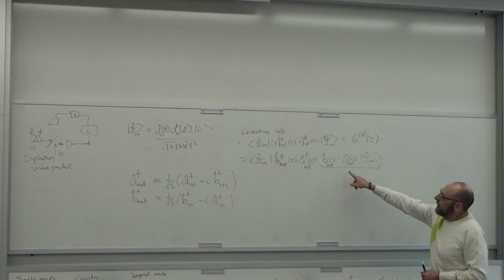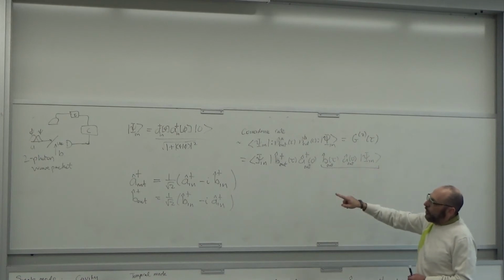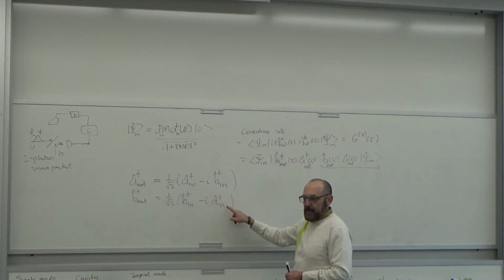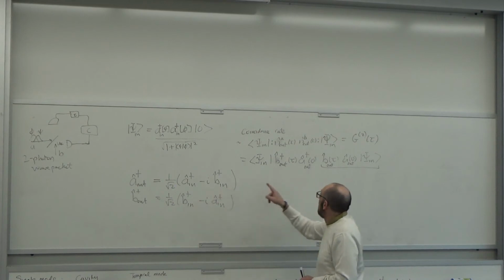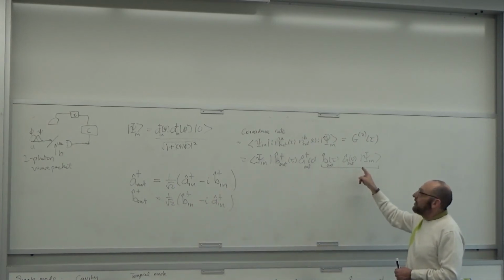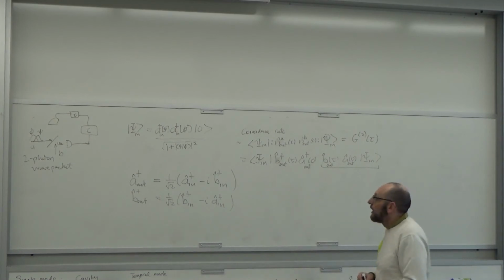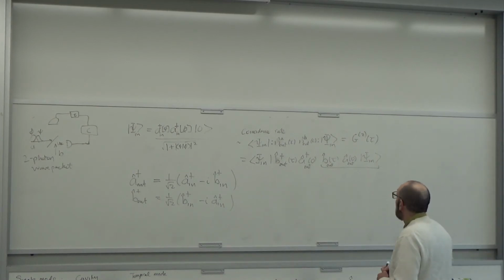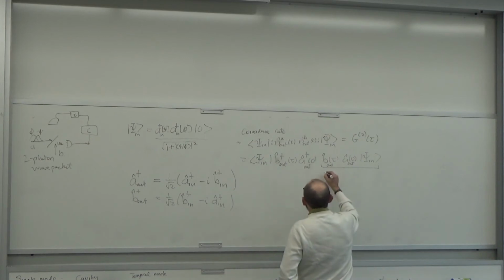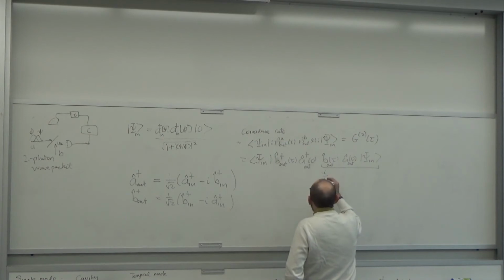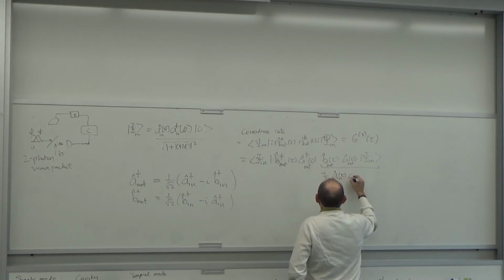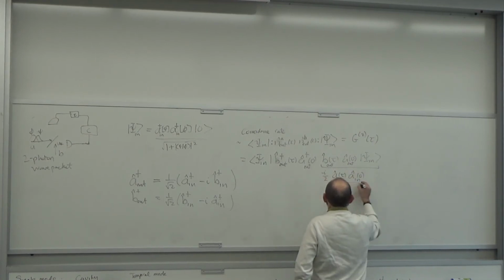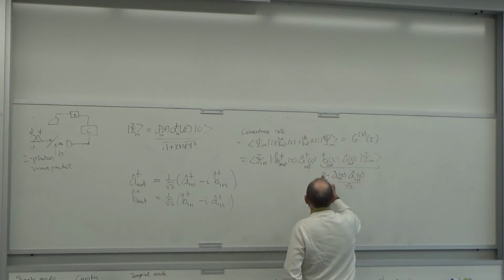So when this thing acts on this, it's only the A parts that matter, right? Because the B's will annihilate. Anything with a B will annihilate here, and the A's and B's commute. So this over here is equal to minus i over 2, A in at tau, A in at 0, over root 2 over here. There's a method for this particular madness.